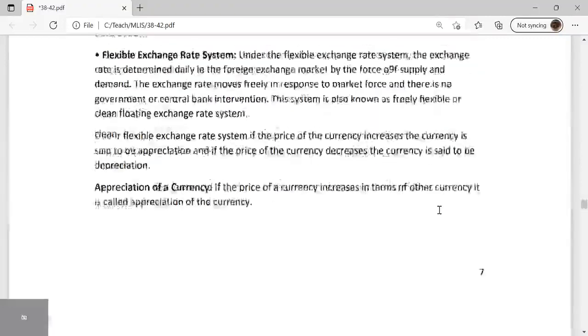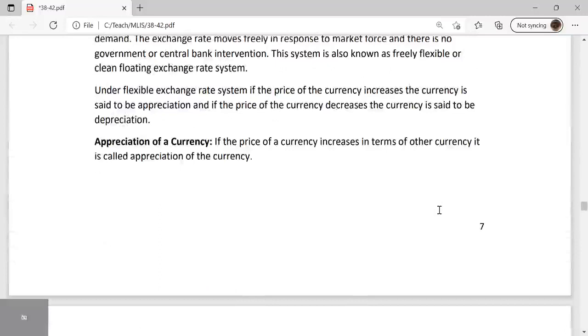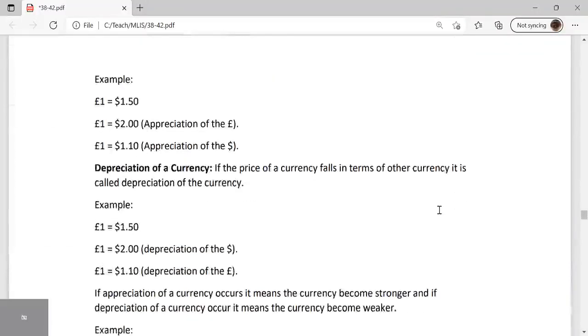Okay, see, we have a situation of appreciation over here. If the price of a currency increases in terms of another, it is called appreciation of the currency. Okay, so see over here, 1 pound equals $1.5.